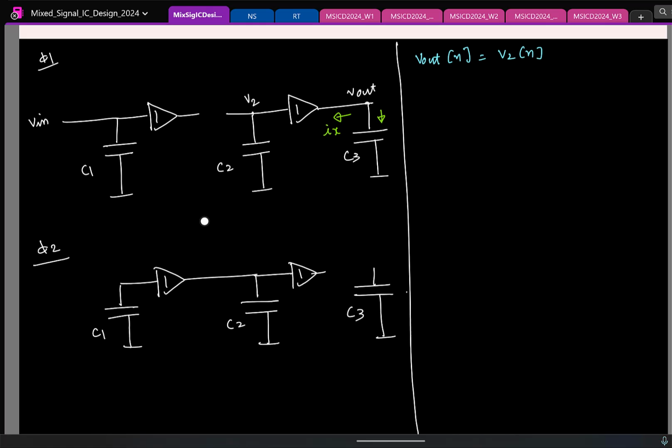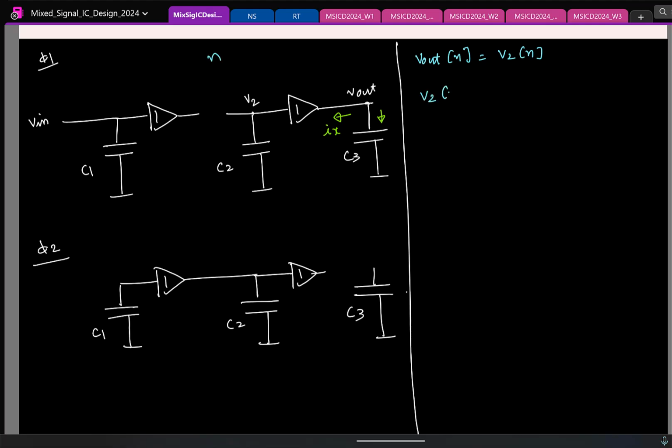Cool. So now tell me, I know that V out is equal to V2. So I need to find V2. Where will I apply charge conservation now? At V2. Here it's fine because this current is what? Current into the input of the buffer is 0. So no worries. So again, let me mark the time n.